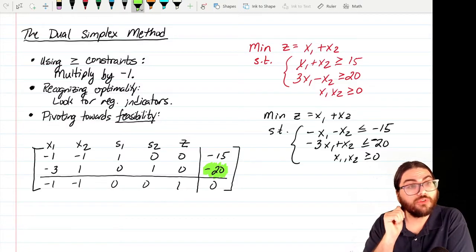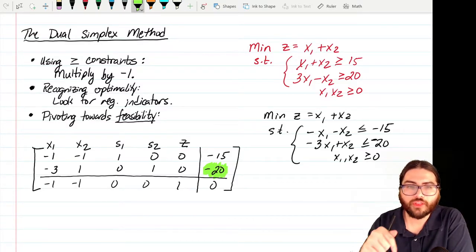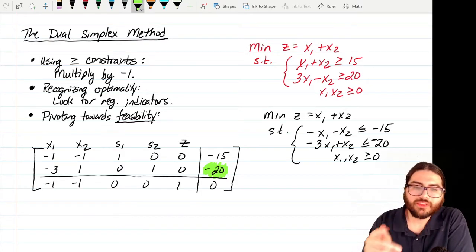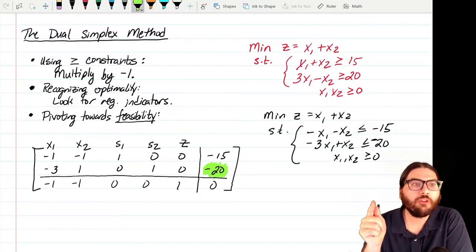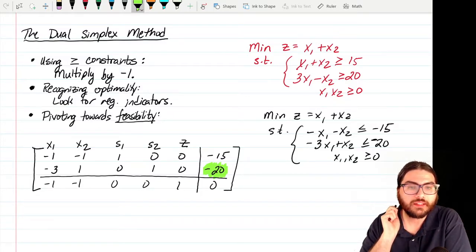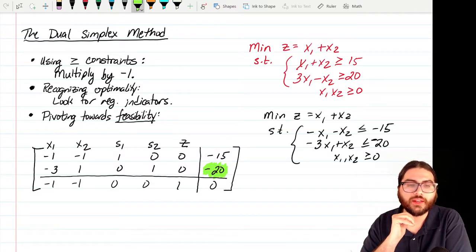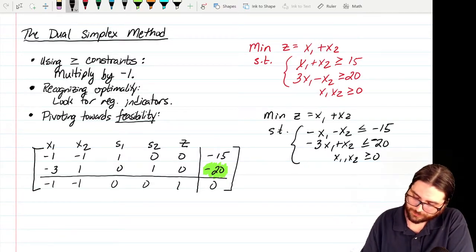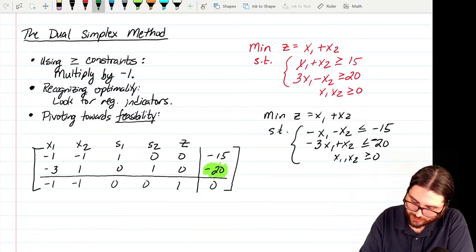Okay, that feels very much like last week, only now I'm doing it over on the right side rather than on the bottom. So I pick the number which is most negative, and that tells me how far I am away from feasibility. And I could correct by more if I choose the second row. So just like last week, I picked the most negative number here.